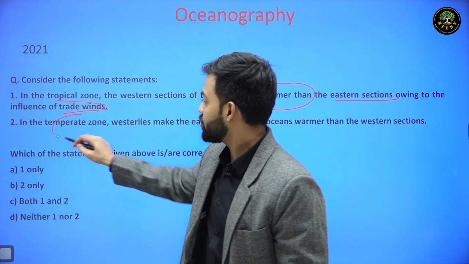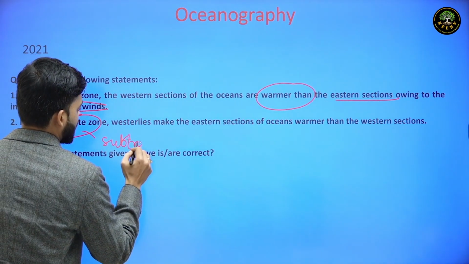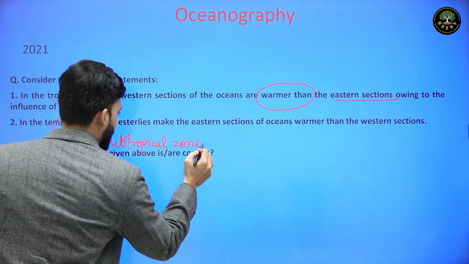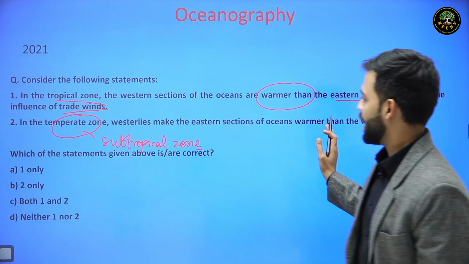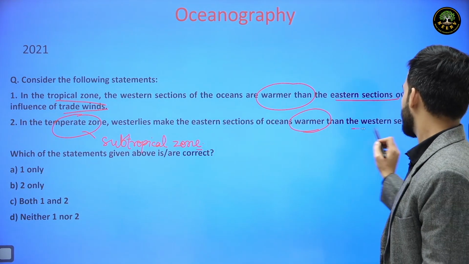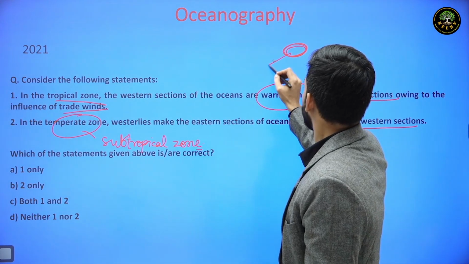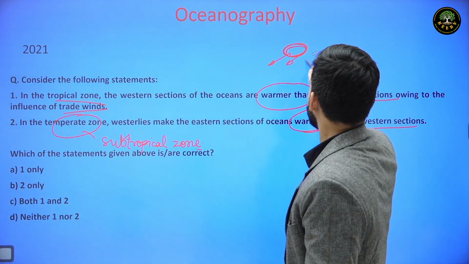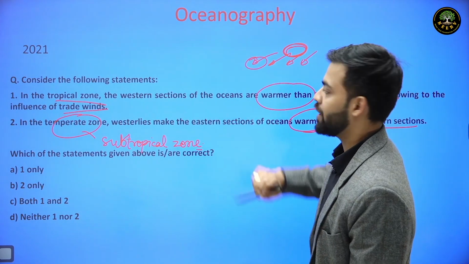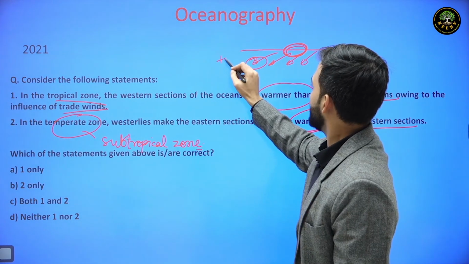In the temperate zone or subtropical zone, westerlies will make the eastern sections of the oceans warmer than the western sections. Because warm water will be brought into the western section by trade winds, the western section of the ocean will be warmer as compared to the eastern section of the ocean in the tropical belt.